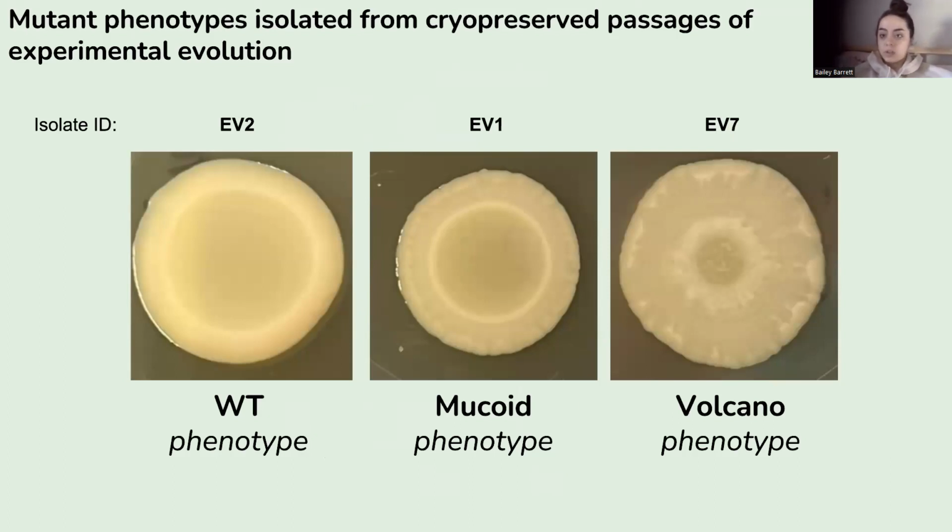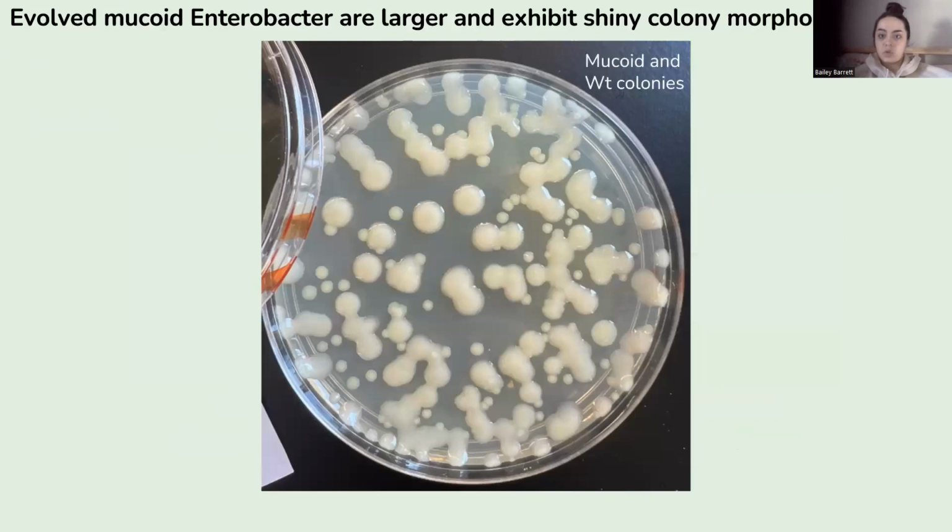What we really focused on for the summer and for this presentation was EV1. Here's a picture of EV1 on the plate. You can see the wild type colonies are the smaller colonies, and then the mucoid are these very large, very shiny colonies. So they very clearly are different.